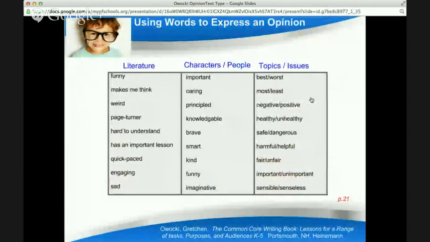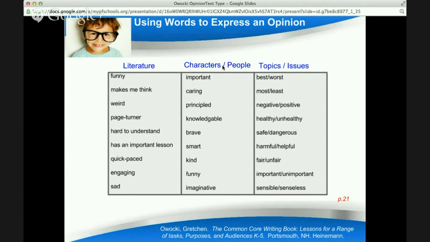Okay, I love page 21. Actually, this chart is already made, but she talks in there about doing this with children, where they create a chart of adjectives or words or phrases that describe literature, the texts that kids are reading, or describe the characters or people.